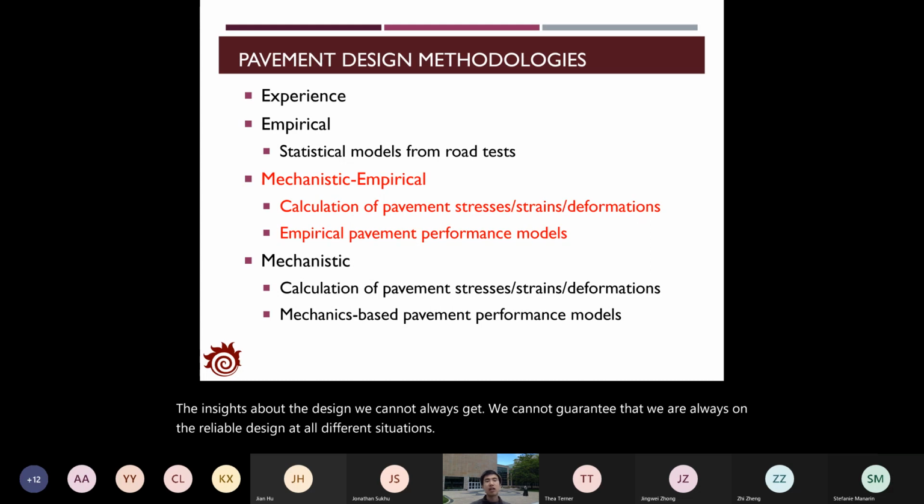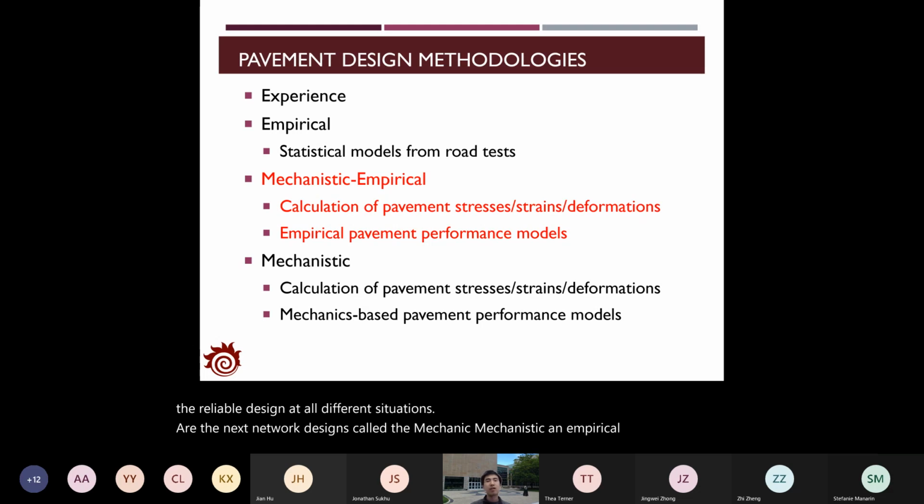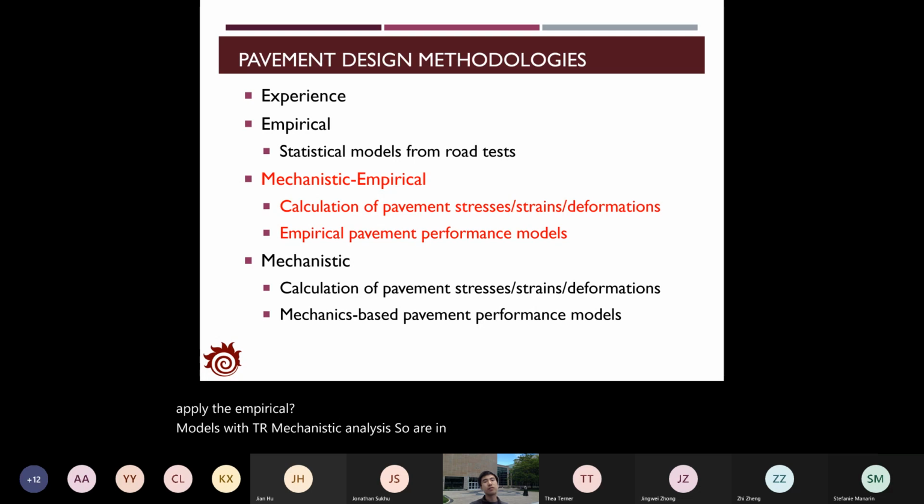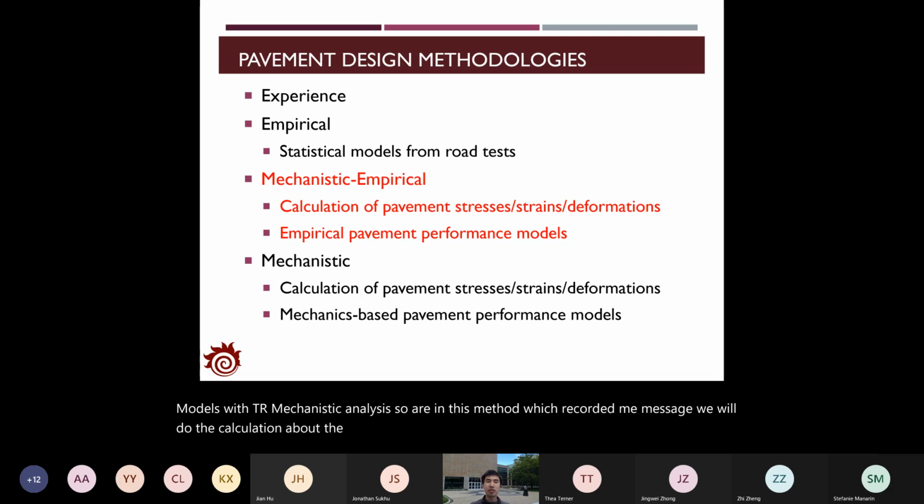The next level of design is called the mechanistic and empirical method, which applies the empirical models with the mechanistic analysis. In this method, which we call the ME method, we calculate the pavement stress, strain and deformation with the material properties and the loading conditions.